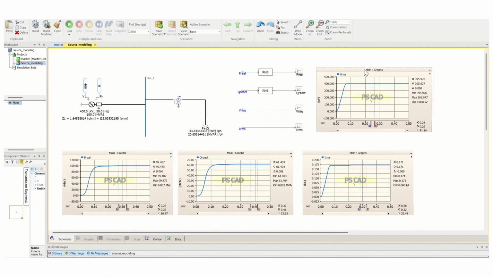And here also you can see the change. RMS voltage is changed from 400 kV to 395.977, almost 396 kV. So 396 kV instead of 400 kV, almost 4 kV voltage is reduced here because of weak grid and this combined load.